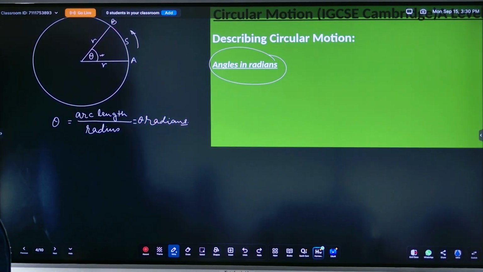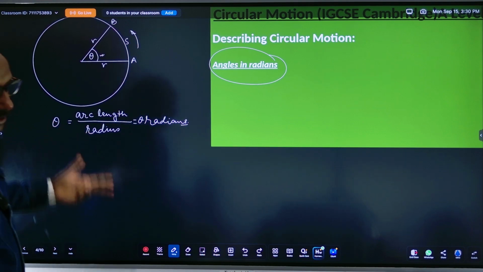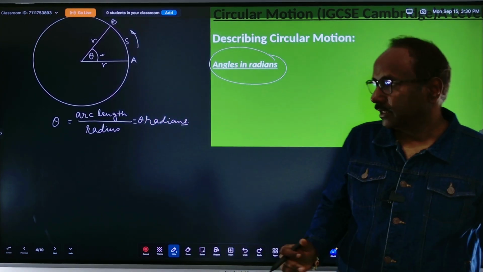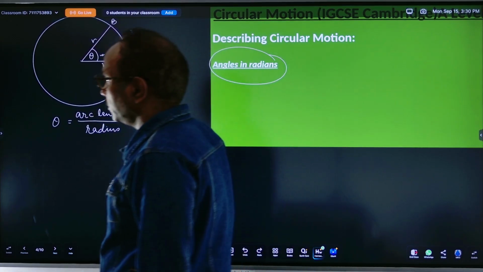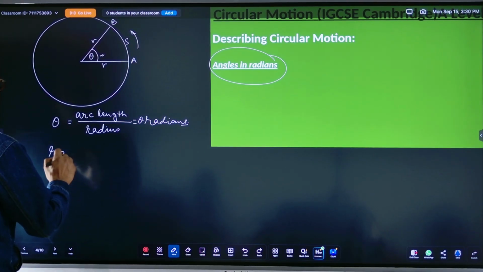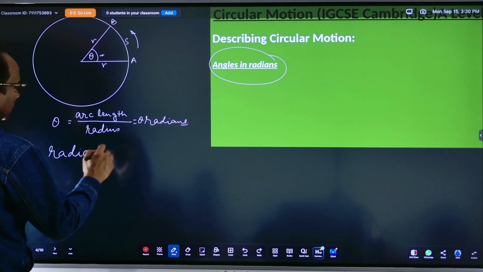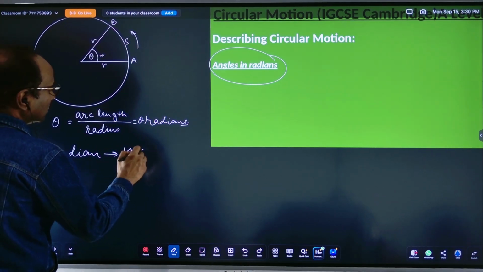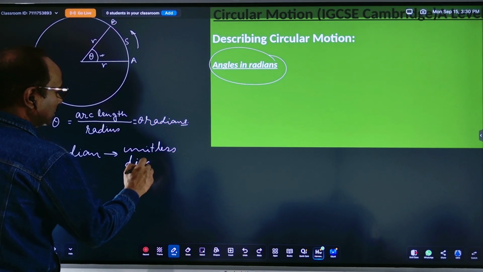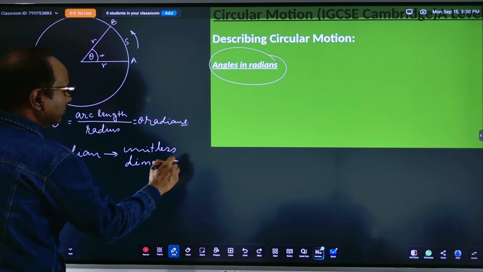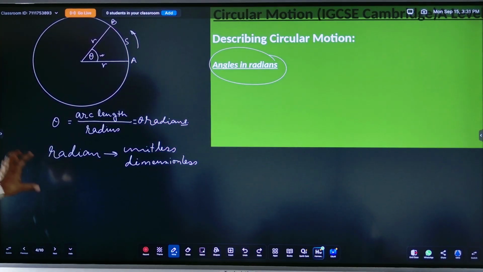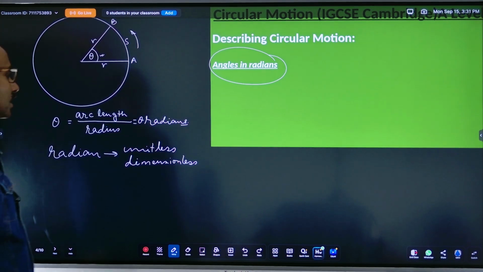Arc length is in meter, radius also is in meter, means it has the unit of length, and this is the ratio. So your unit will cancel out. So radian is unitless, no unit, and dimensionless. Since there is no unit, it should not have a dimension. So radian is unitless and dimensionless.